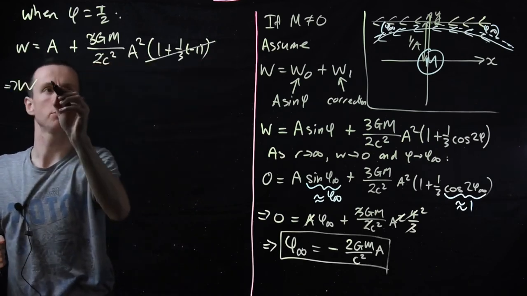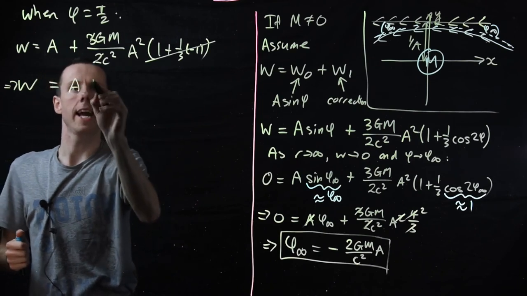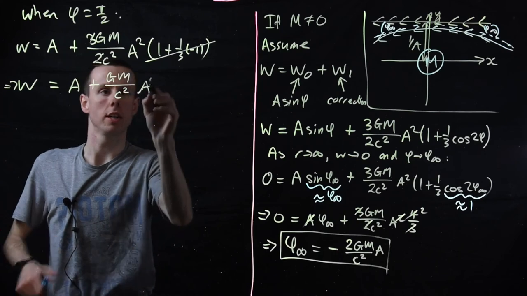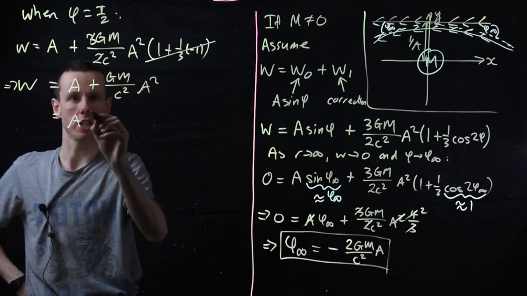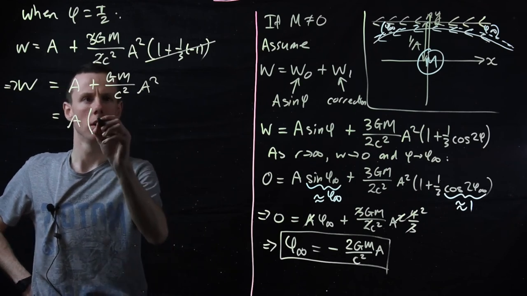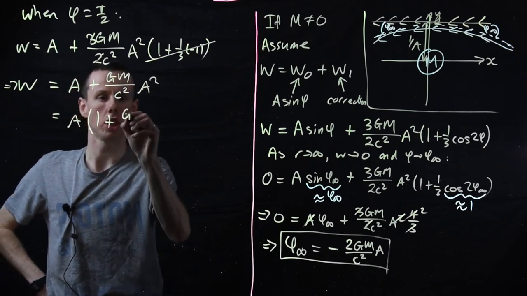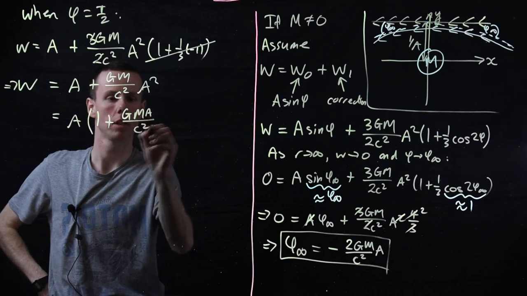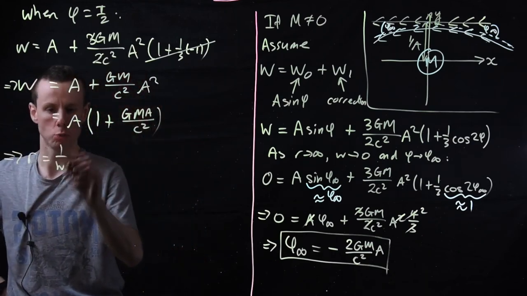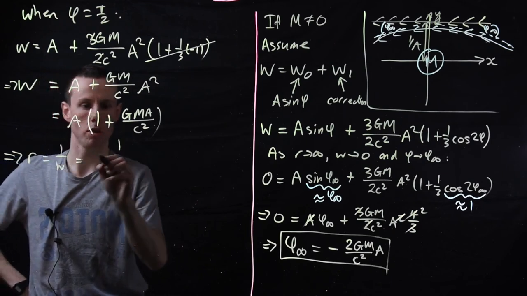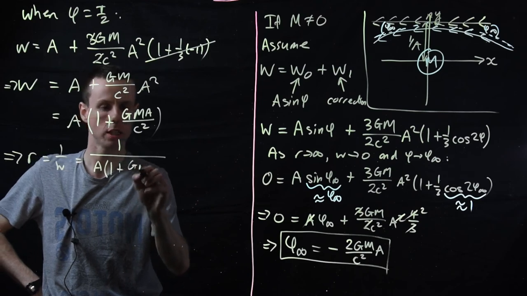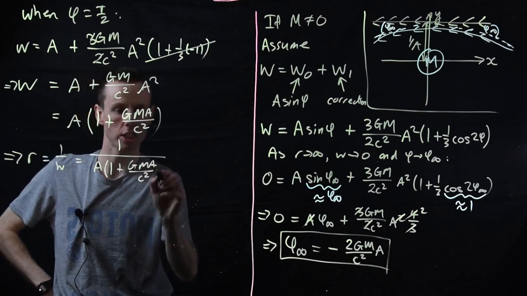So we just have w is equal to a plus GM over c squared a squared, and that's just factorising it out, a times 1 plus GMa over c squared. And if we change it back to r equals 1 over w, that's 1 over a times 1 plus GMa over c squared.